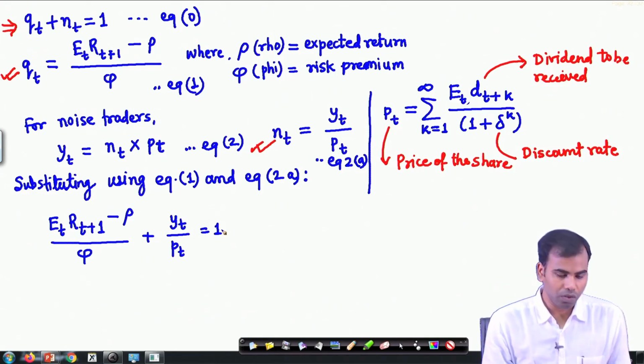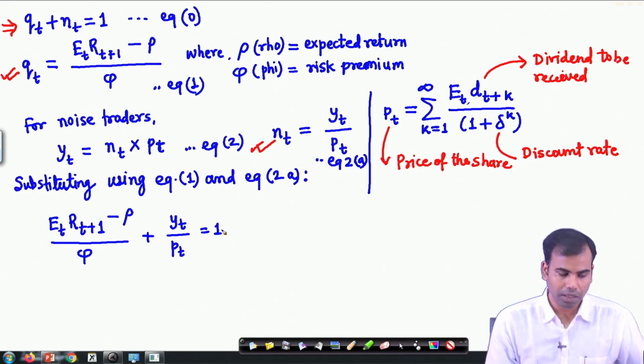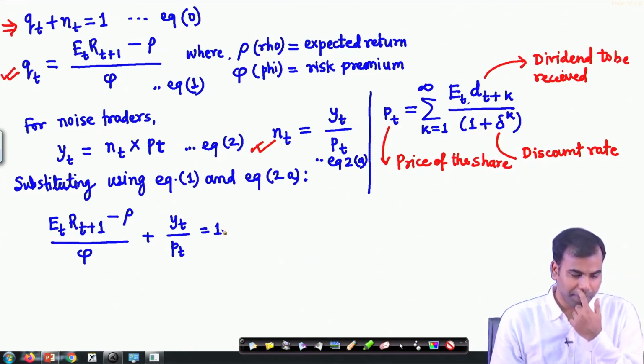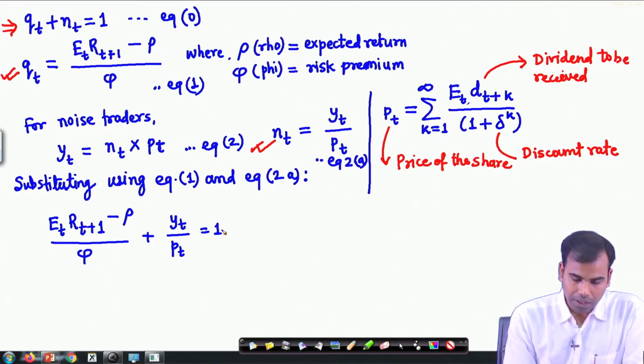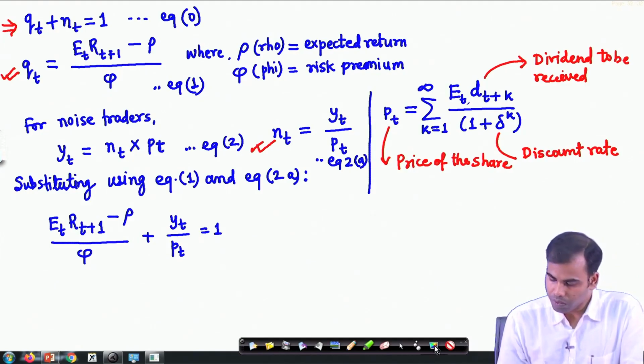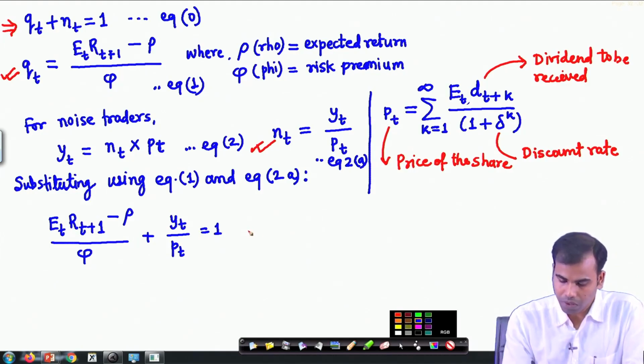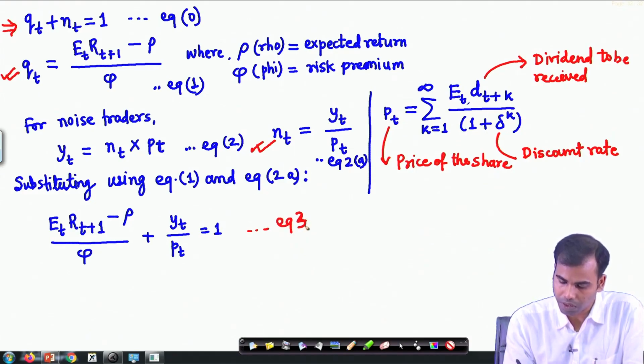Now, if we try to extend this argument and rewrite this particular function, let us call this particular equation as equation 4, or rather this should be equation 3.